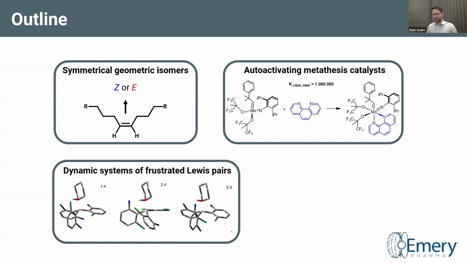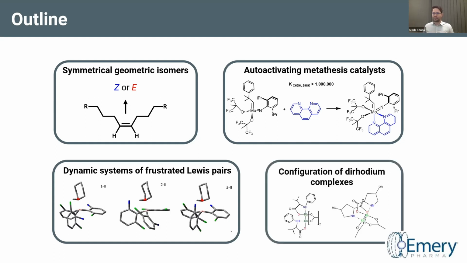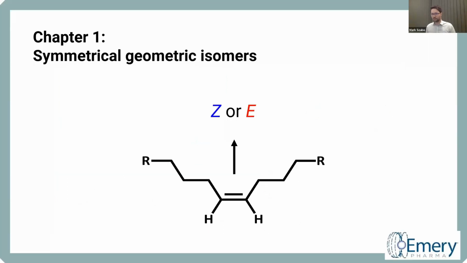The third one is going to be the dynamic systems of frustrated Lewis pairs, and here the emphasis is on dynamic. So I'm going to tell you how dynamic systems can be studied by NMR, and the last chapter is going to be the determination of the relative configuration of certain dirhodium complexes. So these are the 4 short stories I'm going to talk about.